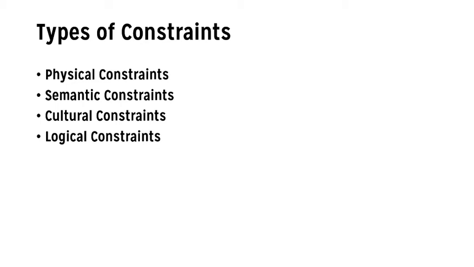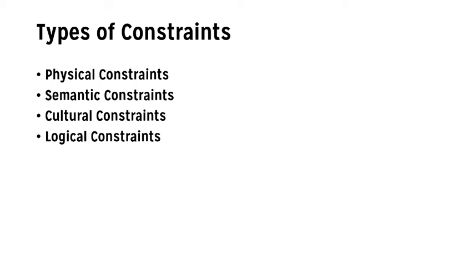So when we're thinking about a website of that nature, if we have a bunch of content that has to be included, then these are logical constraints because we have to figure out a way to include all of this information in our website. So we have to be able to map all the information properly. We have to be able to include it there in some sort of hierarchy. And we have to be able to put all of it in there in a way that makes sense. So those are logical constraints.